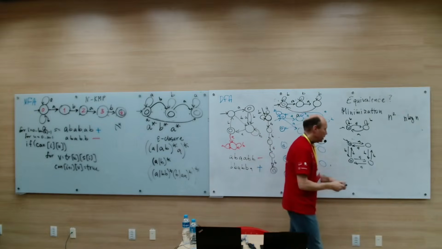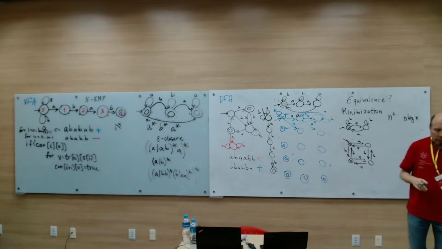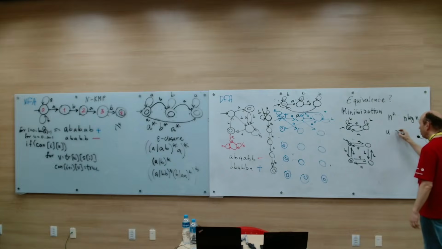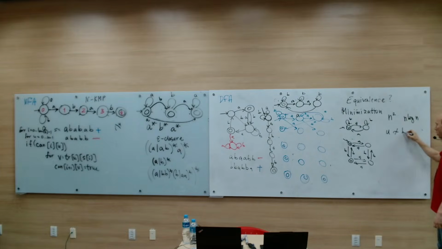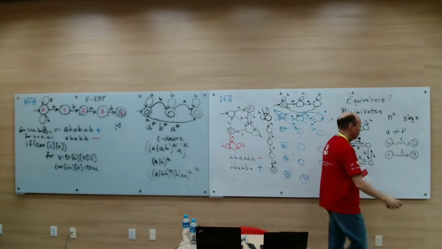So formally, we say that U is not equivalent to V if there is a string S, so that we start from U, go by the string S and get to the terminal state, and if we start from V, we go by S and get to the non-terminal state, or the opposite.